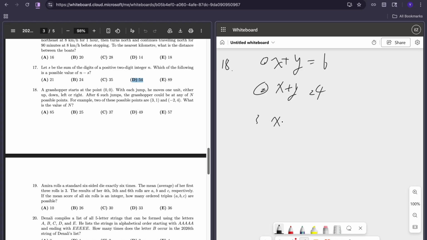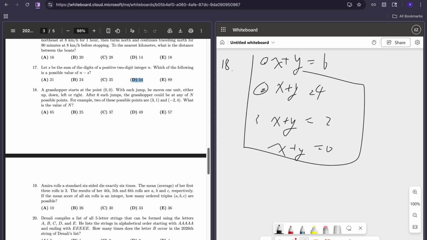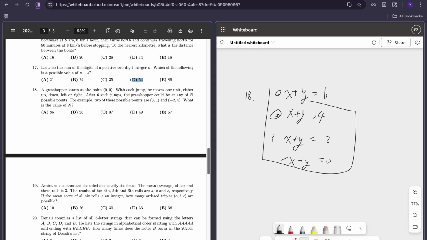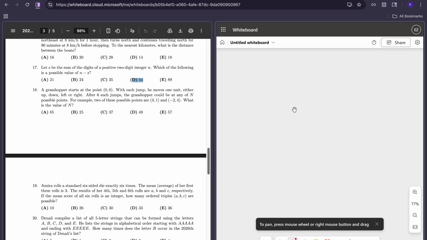Third is x plus y equals 2. And the fourth is x plus y equals 0. Let us consider the first case, x plus y equals 6.